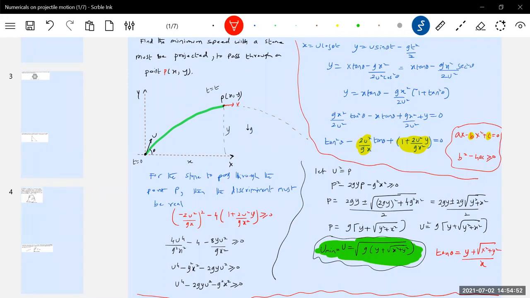Completed writing. We'll see the application of this, how it is going to help us a lot.